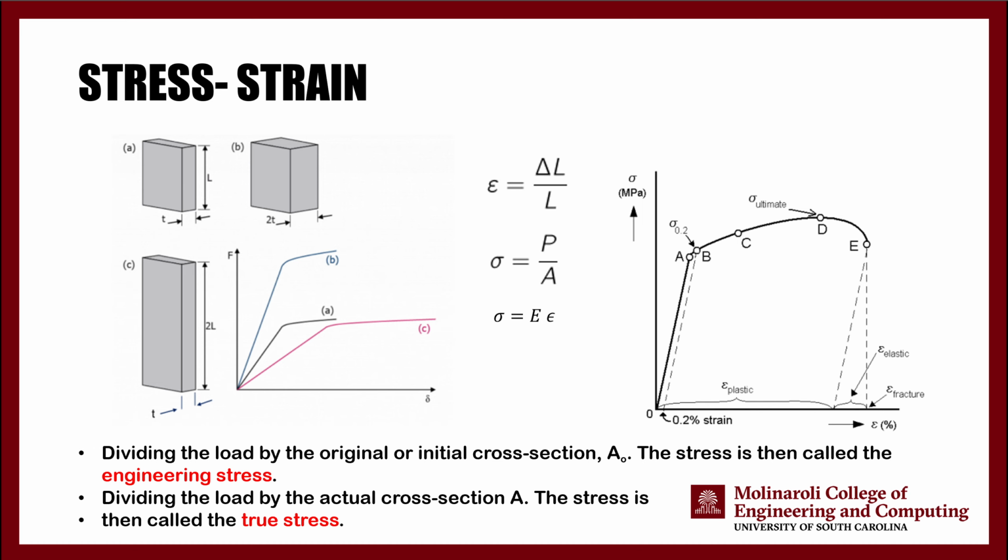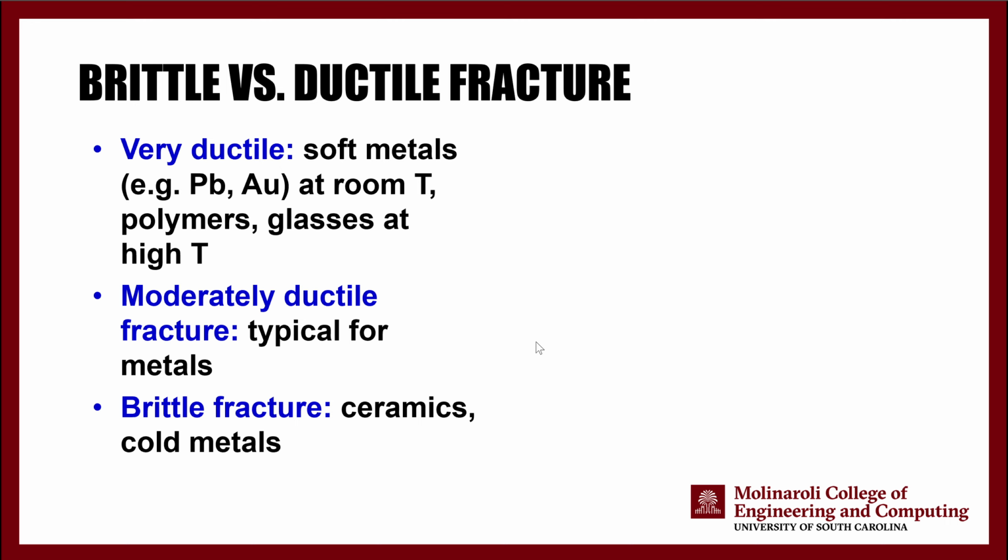We just use engineering stress, which means that we divide the load by the initial cross-sectional area. But if you divide the load by the true area, the real-time area, you will get something called the true stress. And that is not the goal of this lab, so we just use the initial area to do our calculation.